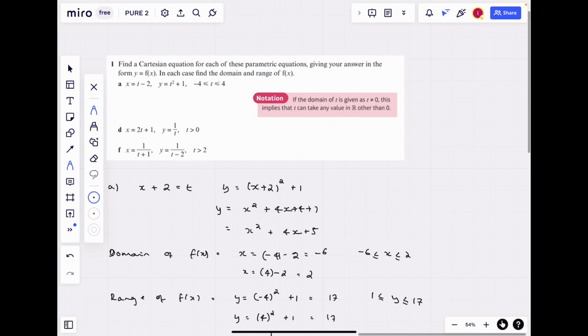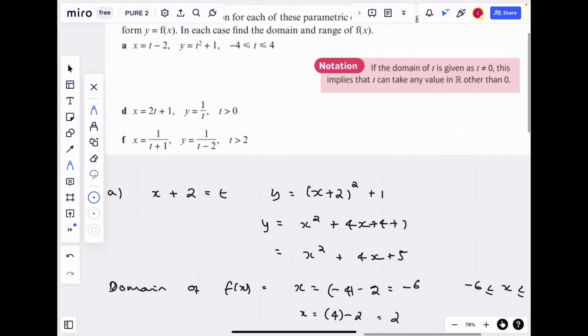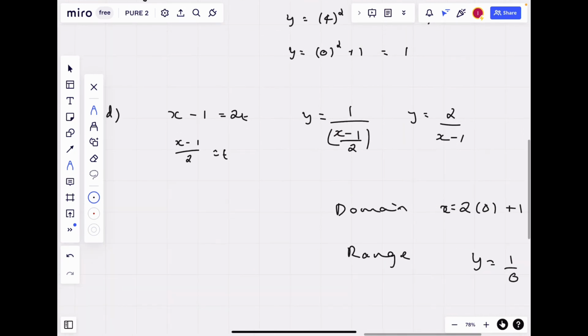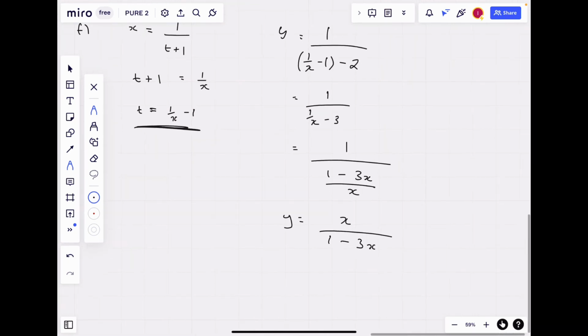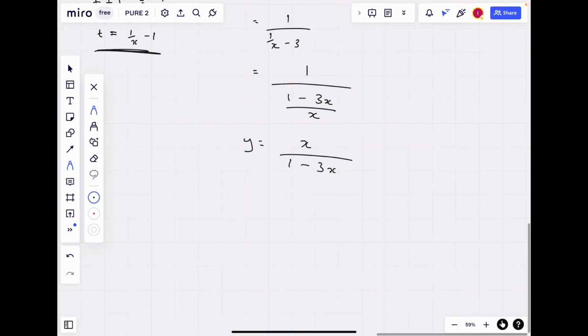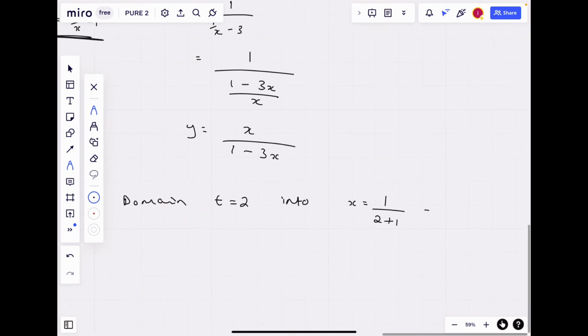The range of values for t is anything greater than 2. So when you substitute t equals 2 into your x parametric, you get a third.